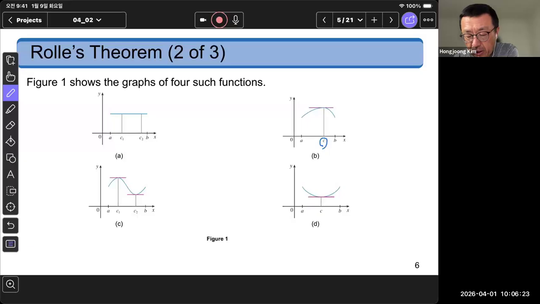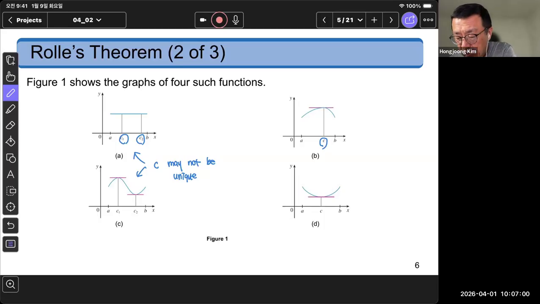In case of A, any point other than A and B will be a C point. In A and C, this C may not be unique. In case of B and D, such a C is unique.